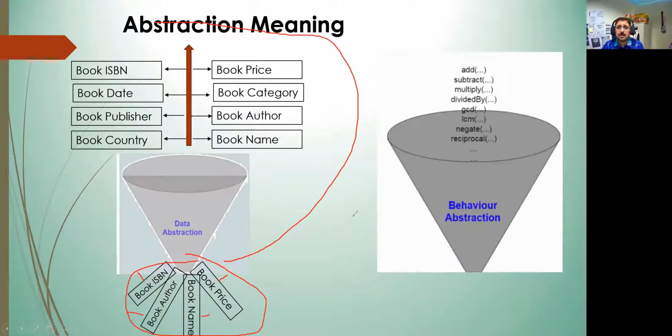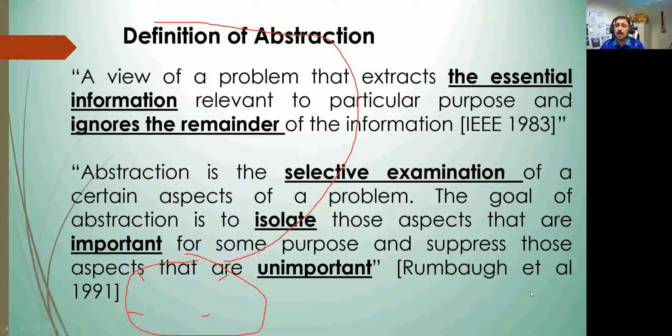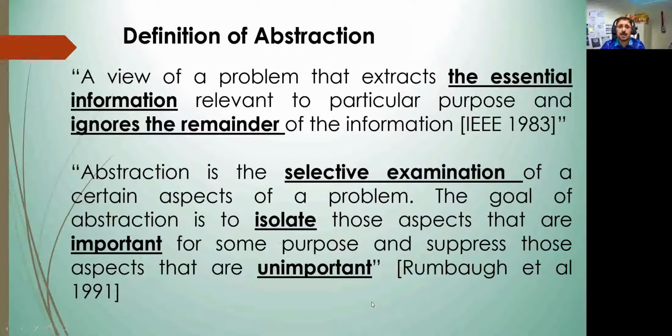Okay. So the definition of abstraction is a view of a problem that extracts the essential information relevant to a particular purpose, meaning to say you will have some specific purpose.